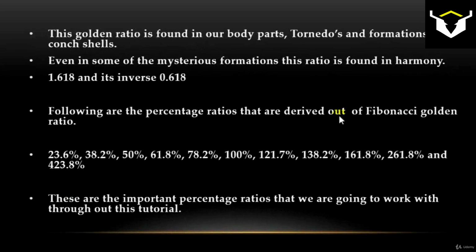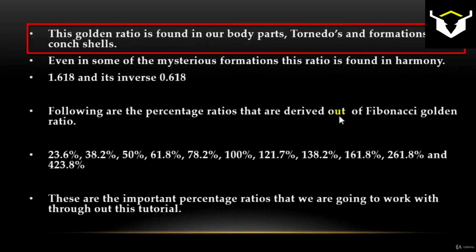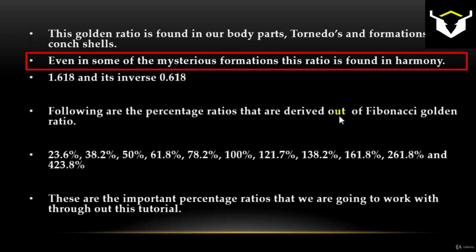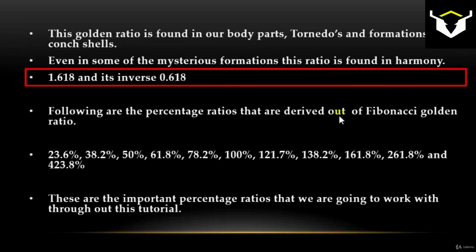So basically, this golden ratio of 1.618 is found in our body parts, in a tornado, the way a spiral tornado forms, and in the formation of conch shells. Even in some of the mysterious formations, this ratio is found in harmony. Hence, 1.618 and 0.618, when applied on the market, gave some beneficial results.